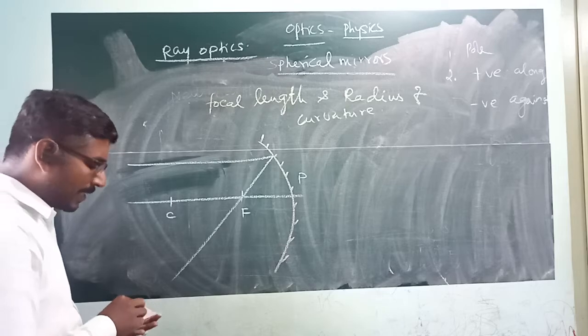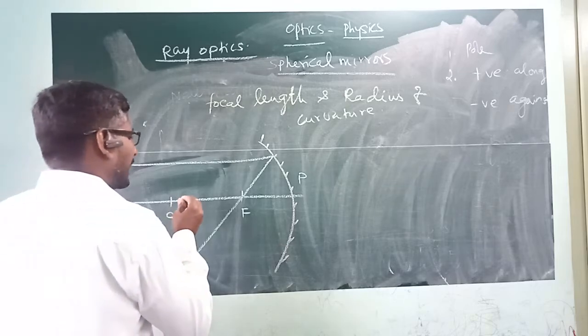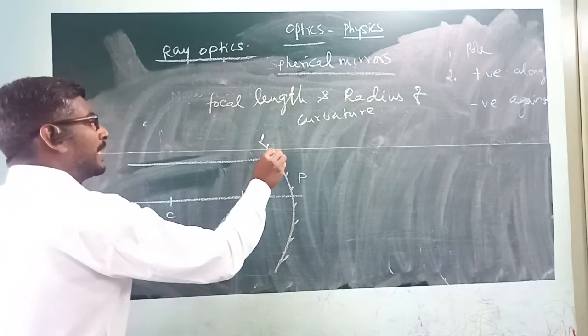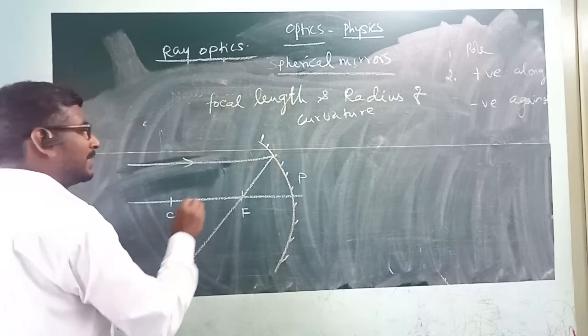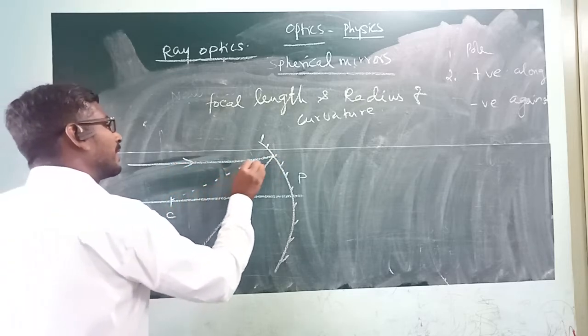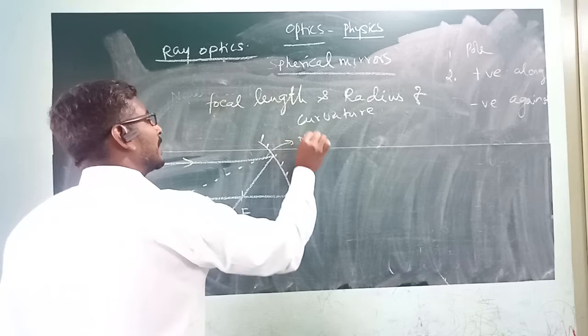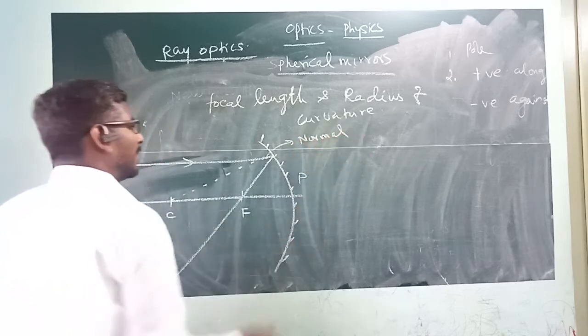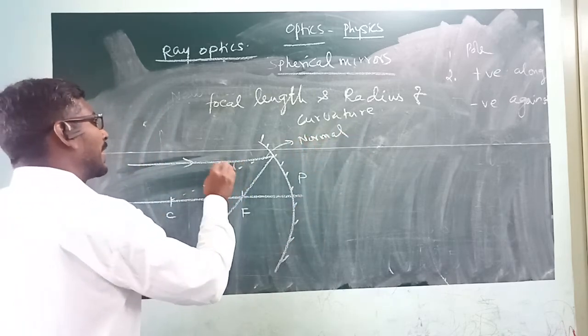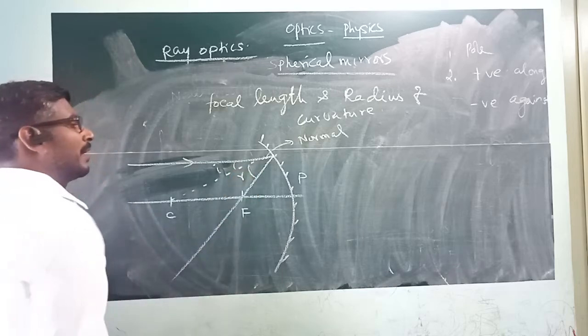And there is another point, for example, see here. This is the point where the incident light is falling. The line from this point to the center of curvature, you call this the normal. Then if this is a normal, the angle of incidence will be equal to the angle of reflection.